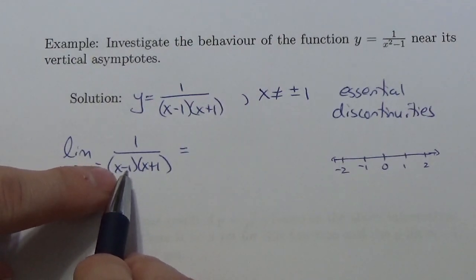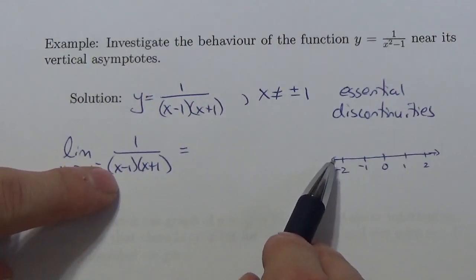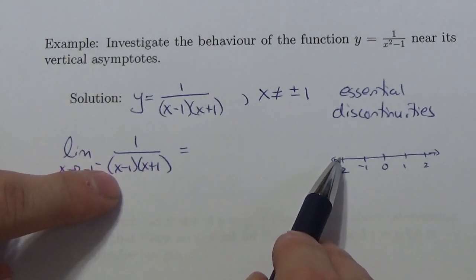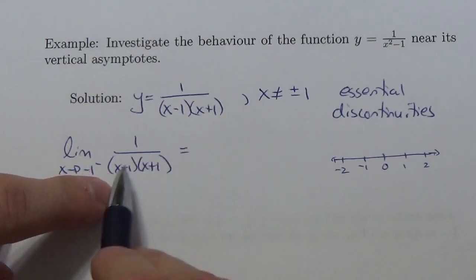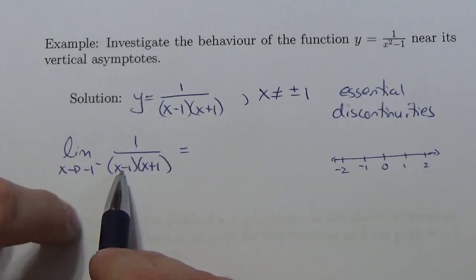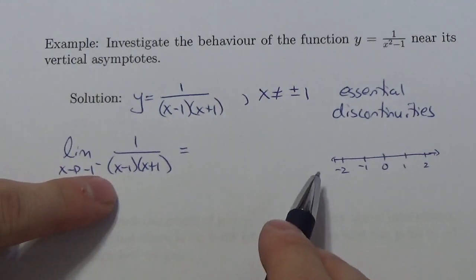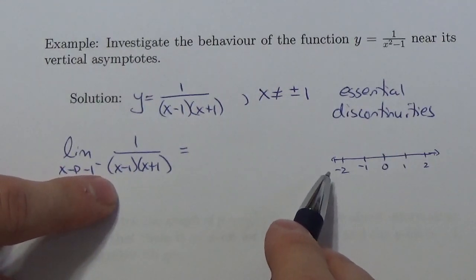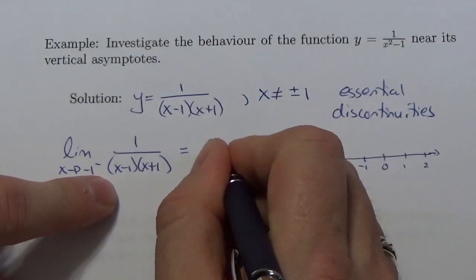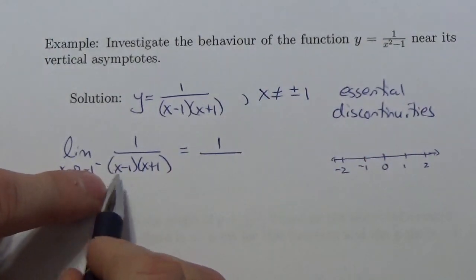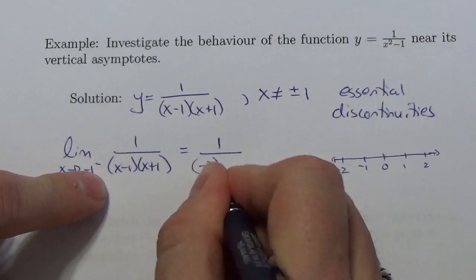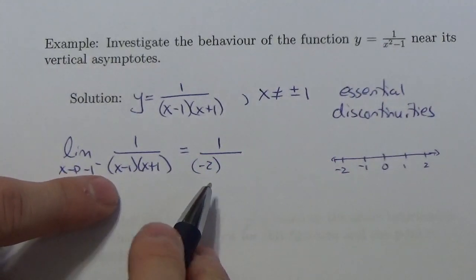If I subtract 1 from that, that puts me really, really close to negative 2. Well, that's not a problem. It's not a problem at all.